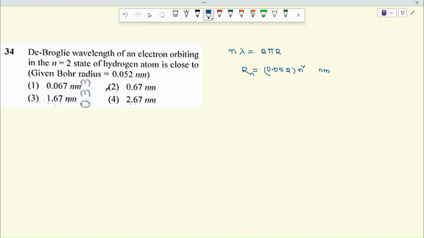So now you can write n lambda, which is 2 lambda for the second orbit, is equal to 2 into pi into radius, that is 0.052 into n square. N square, n is equal to 2, second orbit, so 4 nanometers. Now cancelling the 2 on both sides, lambda you can obtain by simplifying this, and you will get approximately 0.67 nanometers. Option will be second.